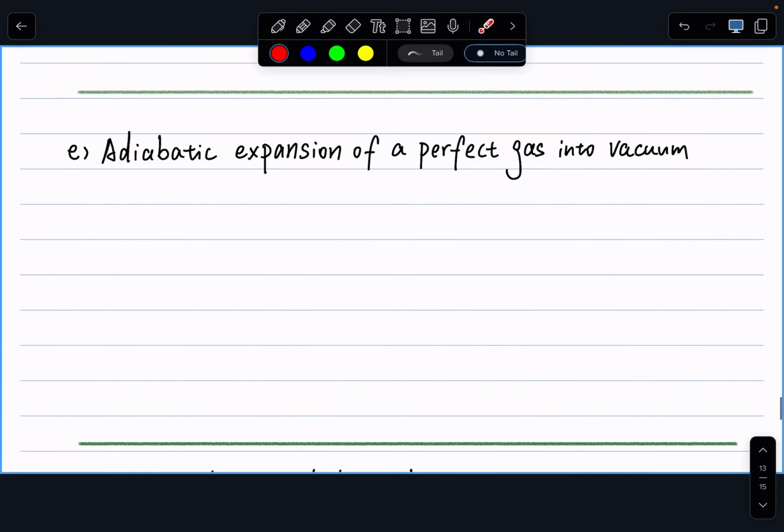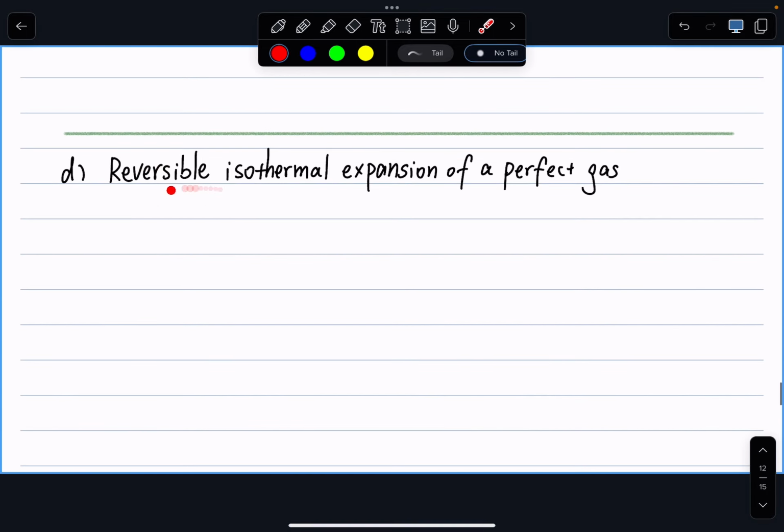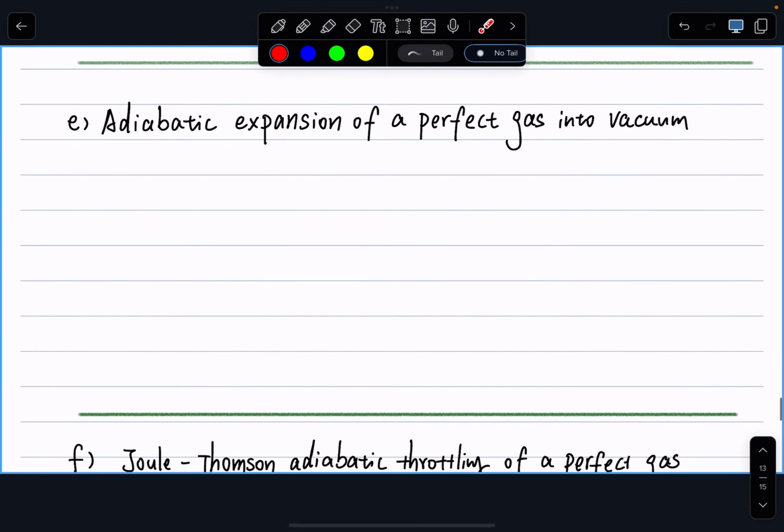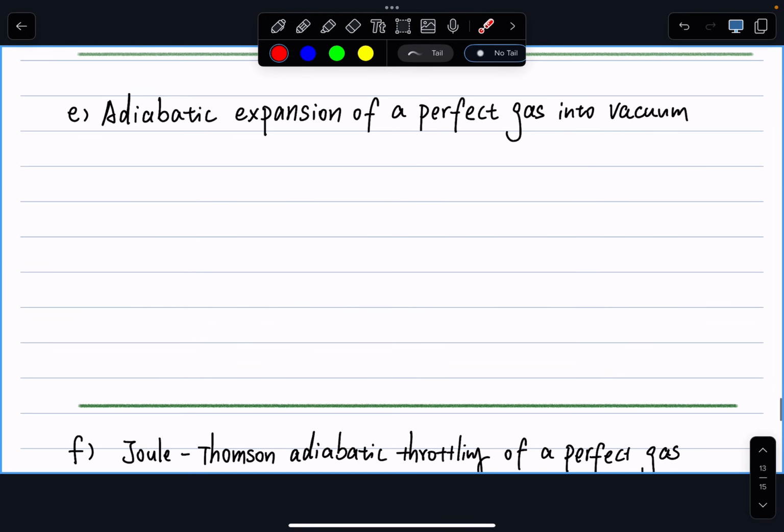All right, the last piece of information, I'm going to skip this one, the reversible isothermal expansion. This one we also did at the beginning of the class, at the first question of the class. And then let's look at this one, the adiabatic expansion of perfect gas into vacuum. Again, adiabatic tells us Q equals 0.